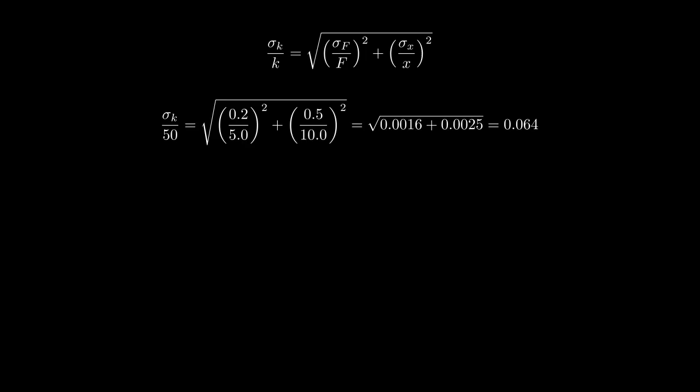That's 0.0016 plus 0.0025. Square root gives 0.064. Multiply by 50 to get the absolute uncertainty. Sigma k equals 3.2 newtons per meter. So you report k equals 50 plus or minus 3 newtons per meter, properly rounded to match the precision of your uncertainty.